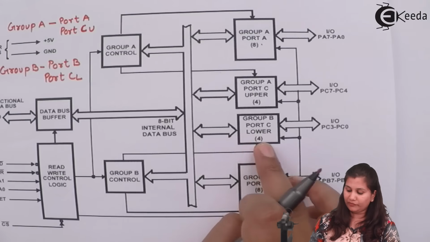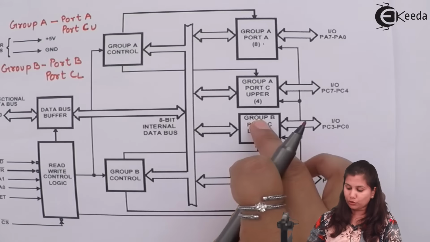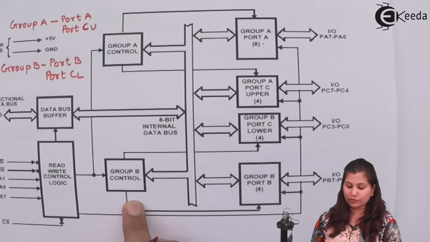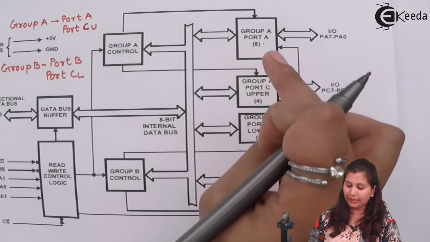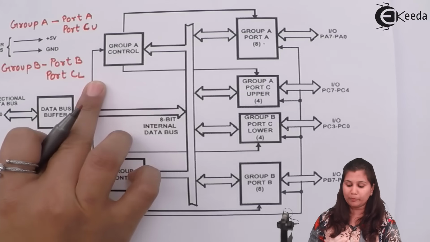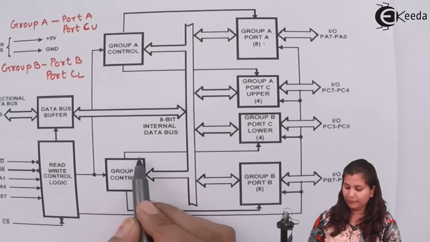Then port C lower, we have PC3 to PC0. So these two ports are controlled by this Group B control, and port A and port C upper are controlled by the Group A control. The lines are going to each of the ports.